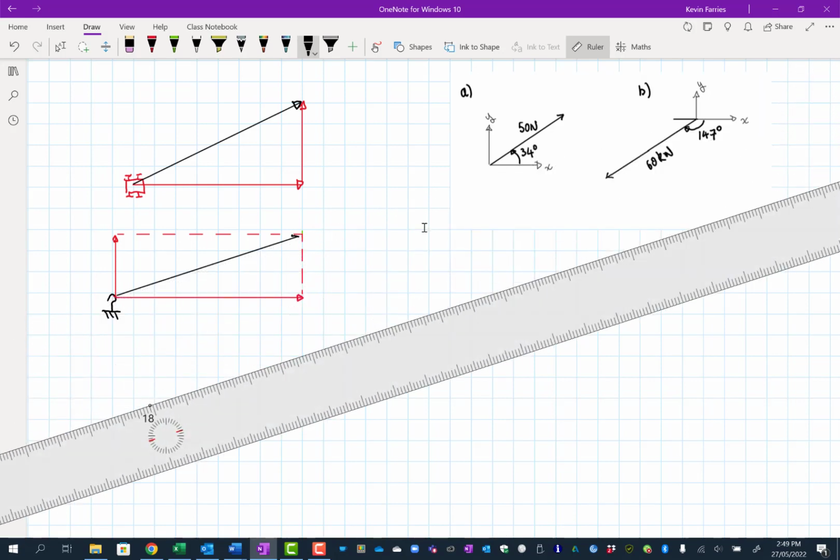So basically you end up drawing a rectangular box, a rectangle from the end of each of the vectors, and the resultant is the diagonal of that box.